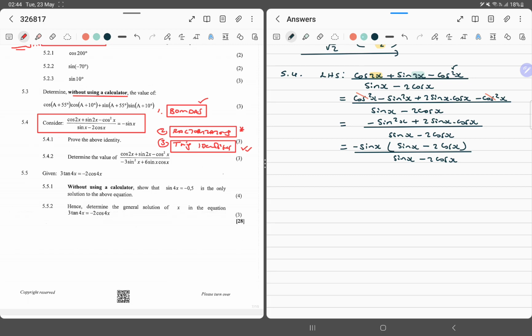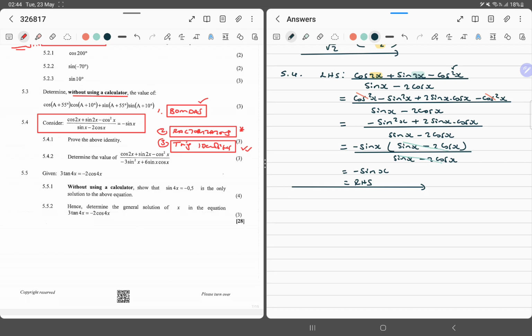And guess what? These two finally cancel each other, and the remainder is minus sine x, which is equal to the right hand side. Although I did not show it, I'm sorry guys, I just could not do it any longer.